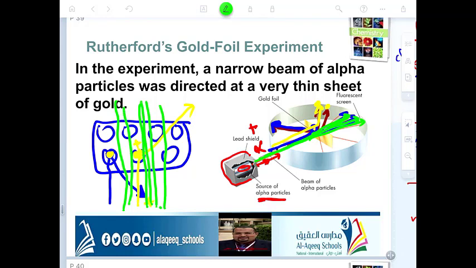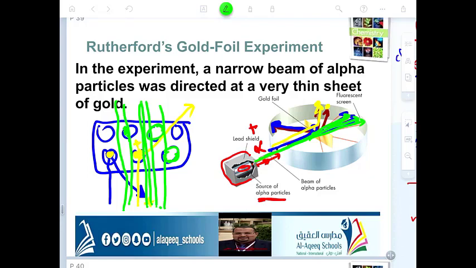It means that most of the atom is empty space. There is nothing here to hit the rays when they move. The atom has empty space in most of it.